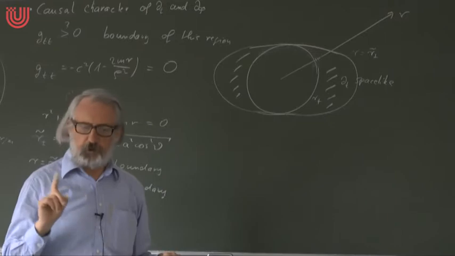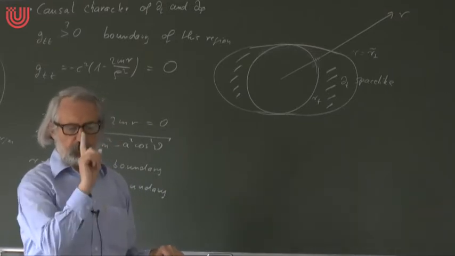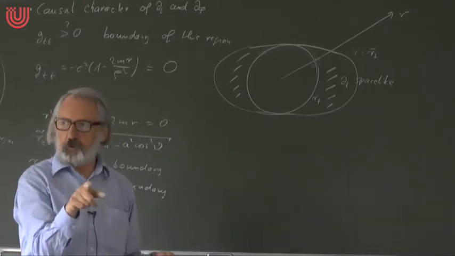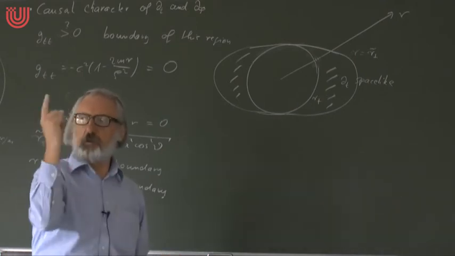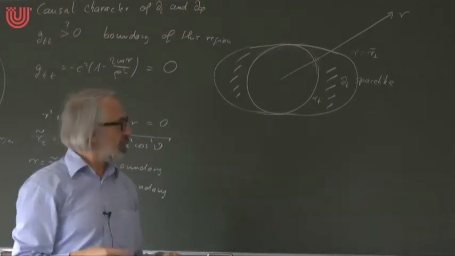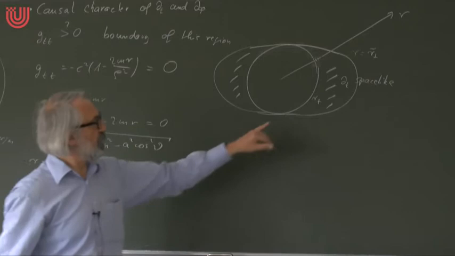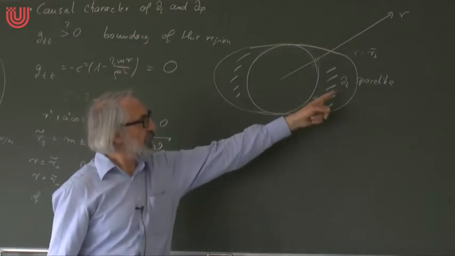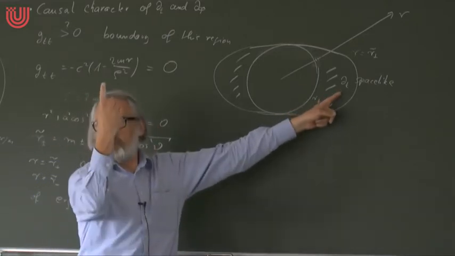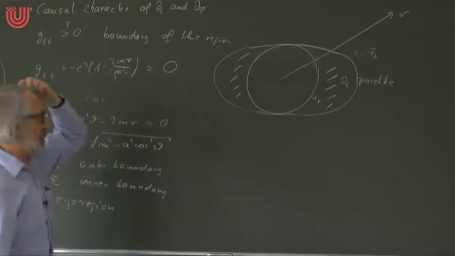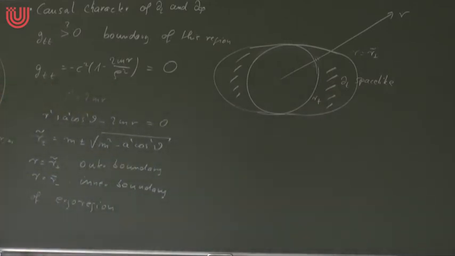If I have a d by dt component and a d by d phi component, this means I'm rotating around the center. This is possible at a constant r coordinate in this area, but I cannot just move on a t-line. This is impossible. So one sometimes says that inside the ergo region, an observer must rotate.